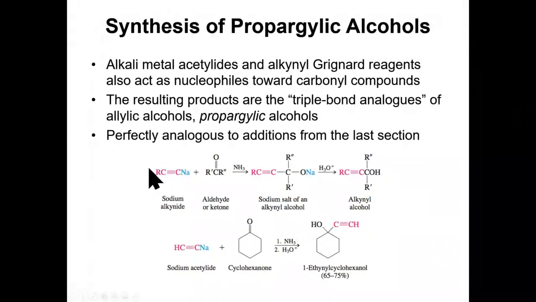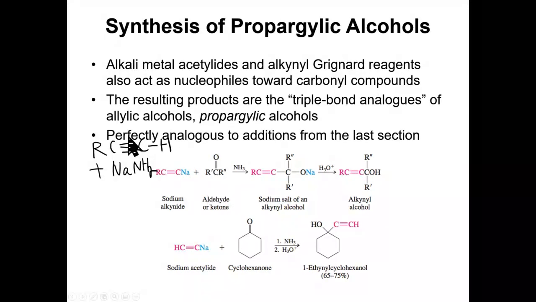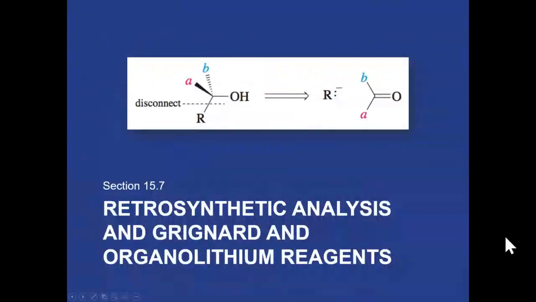If you recall what we learned in organic 1, this is usually prepared in ammonia, and then reacted with the carbonyl. This is highly nucleophilic, as I showed you earlier, and gives you an alkoxide, then you protonate it in a separate step. So the net reaction is you add a molecule of hydrocarbon across the carbon-oxygen double bond, the nucleophilic hydrocarbon part adds to the electrophilic carbonyl carbon, and the proton is added to the carbonyl oxygen.